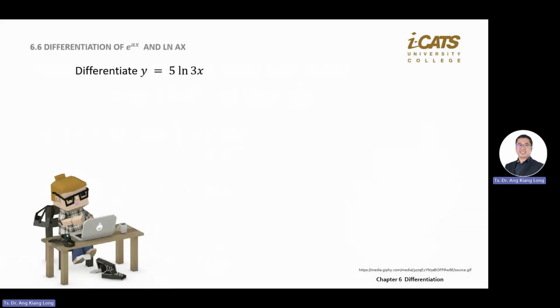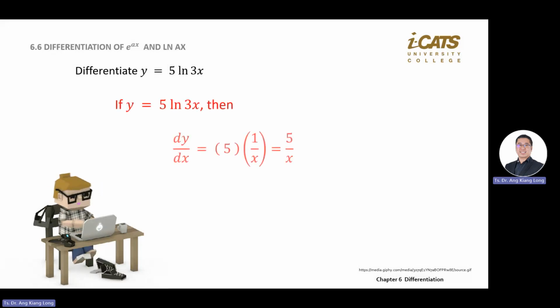Okay, so what happens if we have ln 3x? Again, we have ln 3x, you don't need to carry the constant value, but the front 5 you still need to carry. It's just that the ln bracket, that one you don't need to carry.